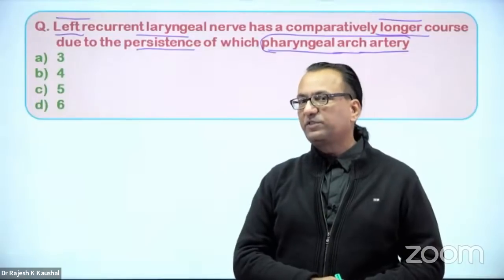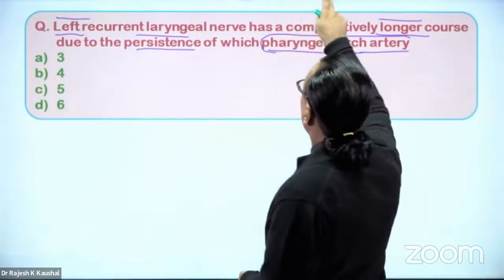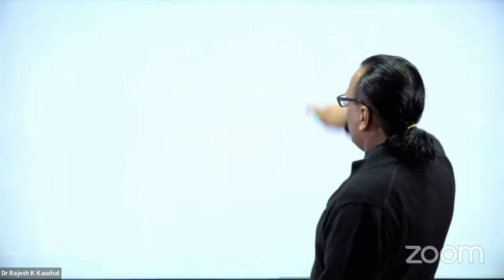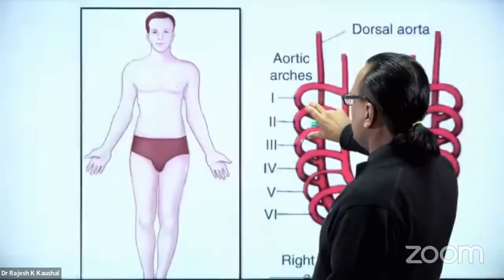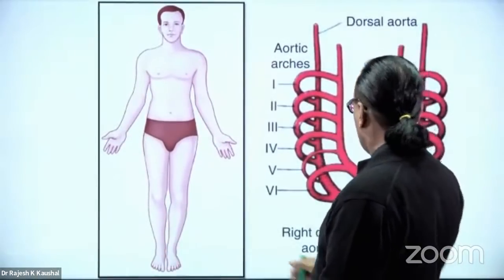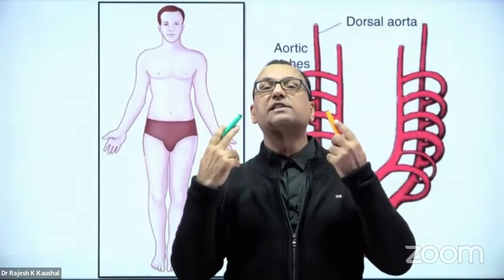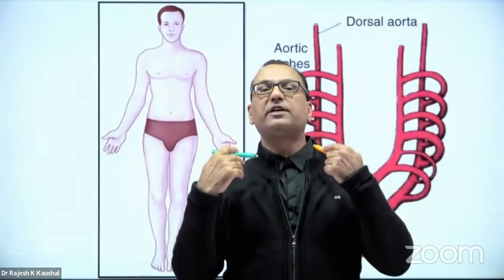We'll look at the answer, but let us first look at some of the diagrams to get some details. Now, as we know, we have developed evolution-wise from the fishes, and unlike fishes, we don't have the gills, but we developed what is called the branchial apparatus or pharyngeal apparatus.